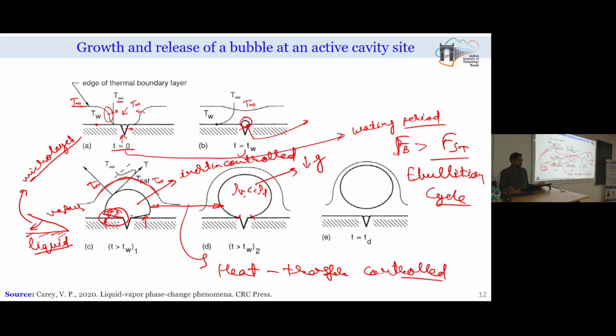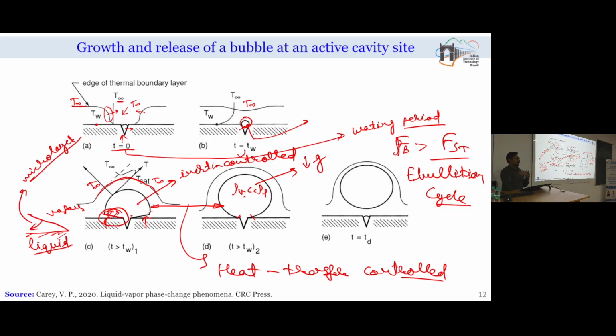So, in a practical scenario, we can see that initially there will be some waiting period. The waiting period is the time when vapor is coming out of the cavity. After that, the vapor radius will overcome the minimum critical radius required for the vapor to grow, and we will find that the vapor grows immediately. Once it is growing, it will significantly displace the liquid. So, growth will be inertia controlled, and after some time we will find that the heat transfer effect comes into the picture, that the rate of heat transfer may not be sufficient for rapid growth of the bubble.